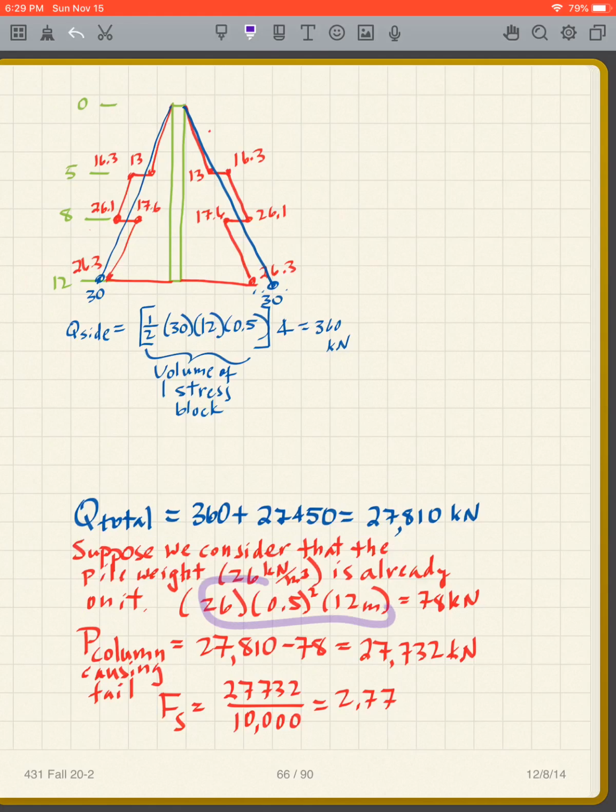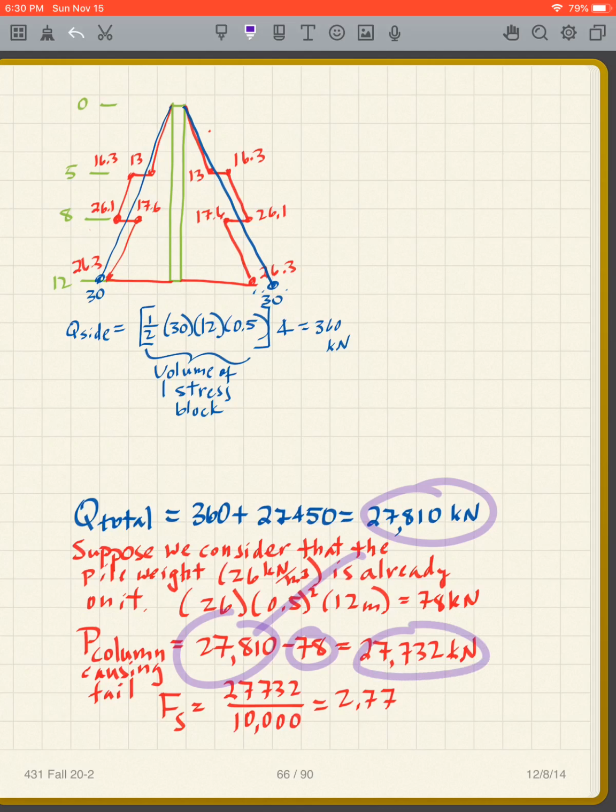Well, I figure out how much the pile weighs: the volume of the concrete times the unit weight. And we end up with the pile weighs 78 kilonewtons. So I can subtract off the 78 from that number, and it makes almost no difference. So in this particular case, the pile weight has almost no impact on this.